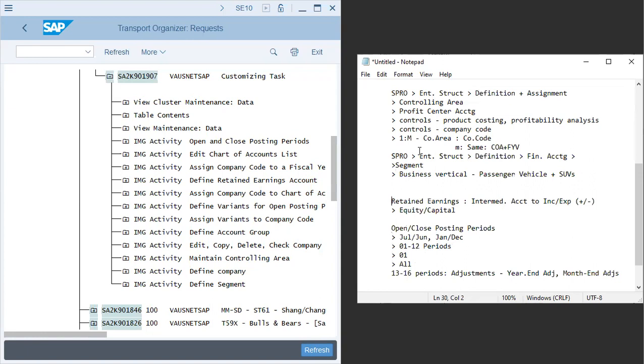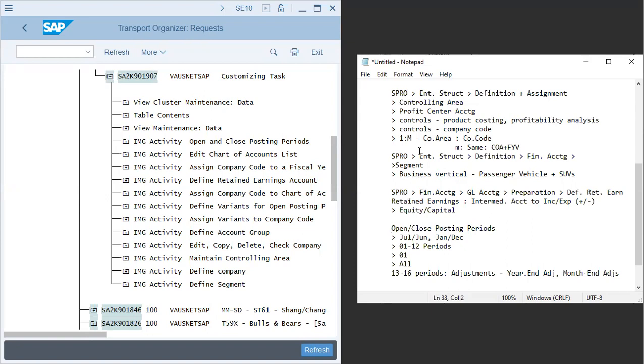Retained earnings is in SPRO, financial accounting, GL accounting, preparation, and define retained earnings.